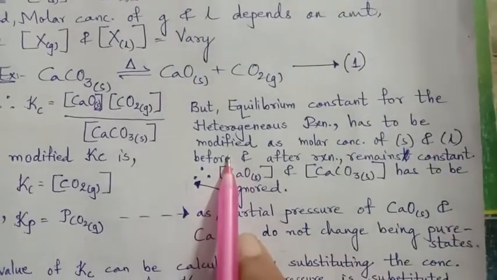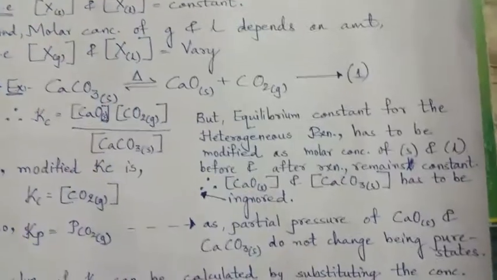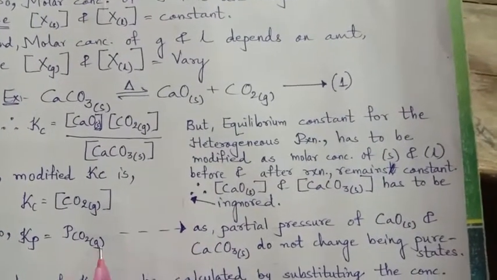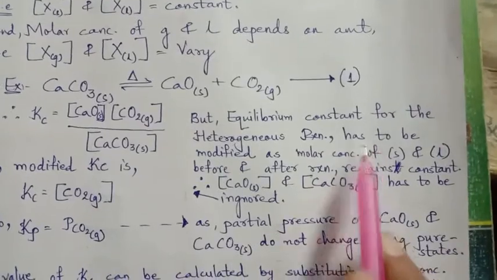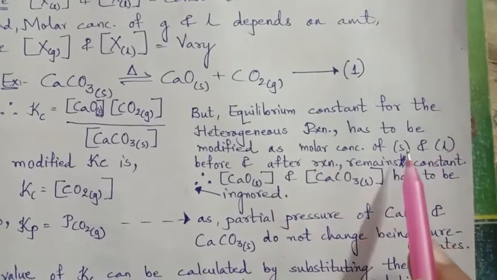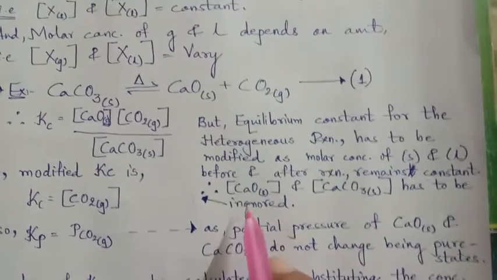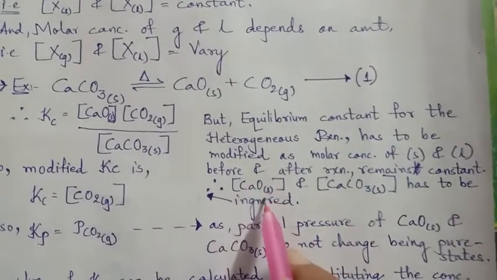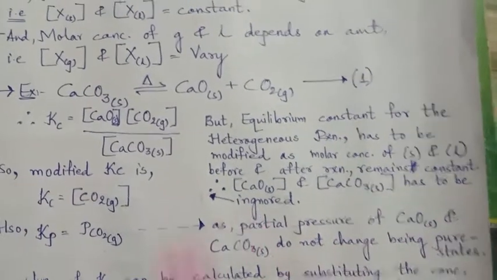Why does it have to be modified? Because I just told you that solids and liquids remain constant before and after the reaction. So we have to modify it, as the molar concentrations of solids and liquids remain constant before and after the reaction. Therefore, calcium oxide in solid form and calcium carbonate in solid form have to be ignored.